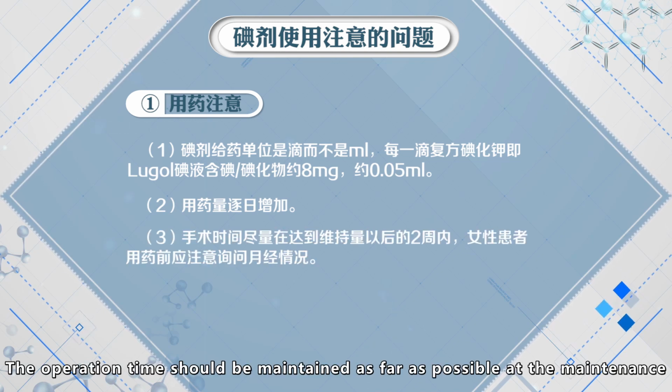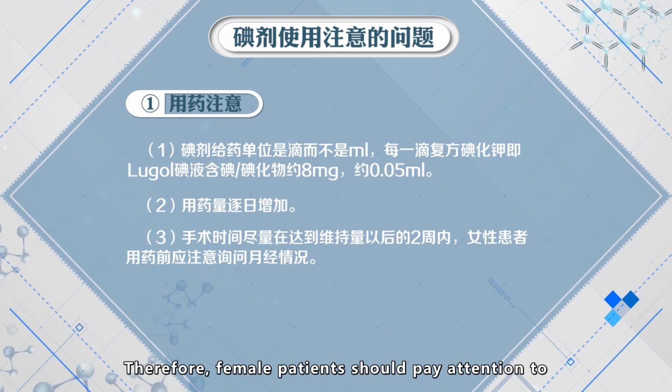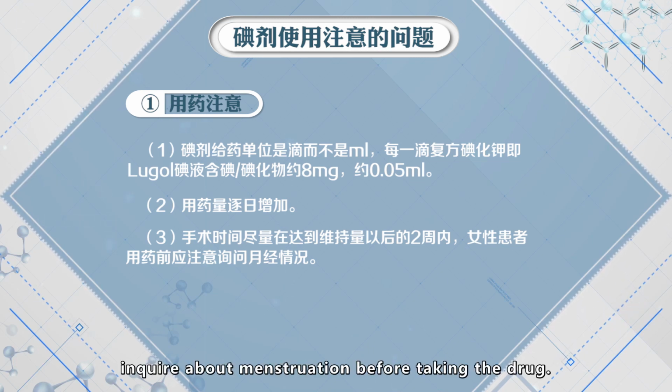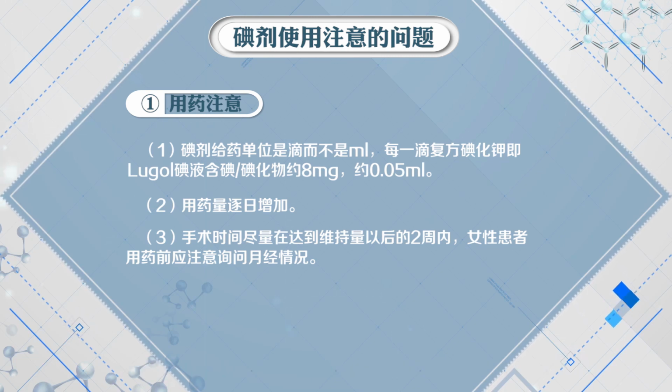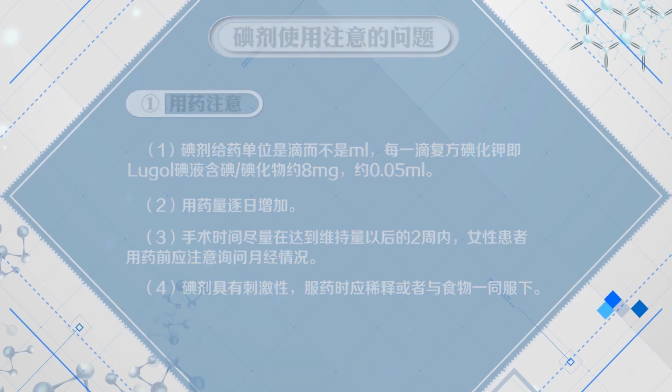The operation time should be arranged so that the maintenance dose of 16 drops each time is kept for the last 2 weeks. Female patients should also be asked about menstruation before taking the drug. Iodine is irritating and should be diluted or taken with food.